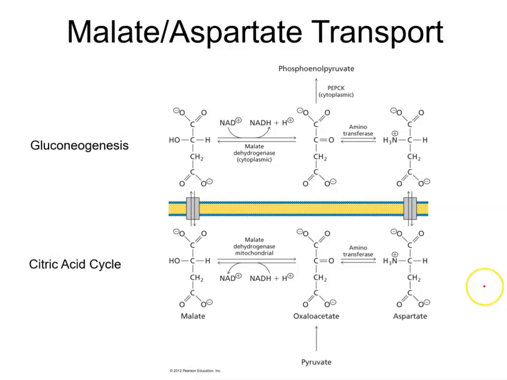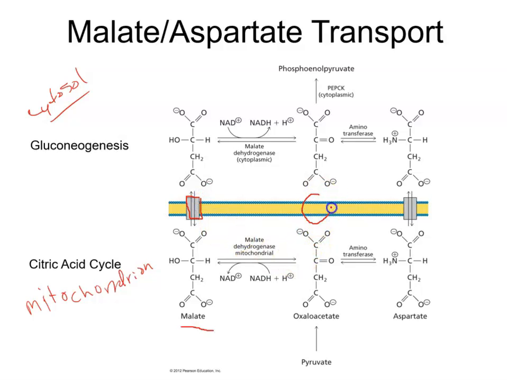So we always have these interesting things going on with the mitochondrial membrane and getting in and out of there. Glycolysis and gluconeogenesis happen in the cytosol. The citric acid cycle happens in the mitochondria. So we have to get these things back and forth, and malate actually has a transporter that allows it to come back and forth.